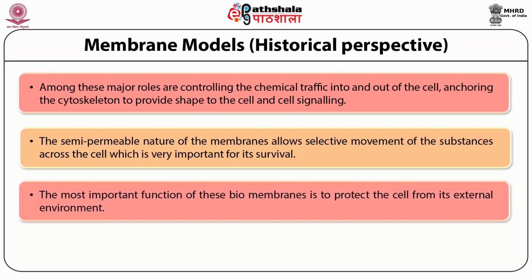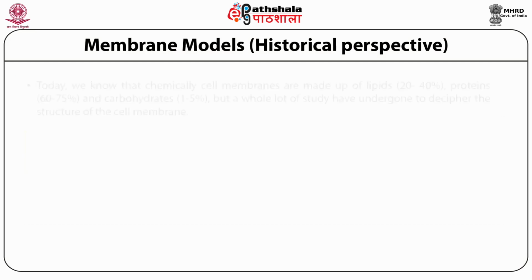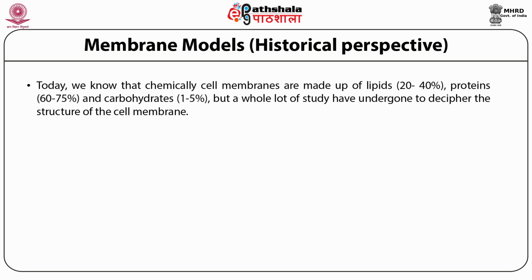The most important function of these biomembranes is to protect the cell from its external environment. Today, we know that chemically cell membranes are made up of lipids, which are around 20 to 40%, proteins, which are 60 to 75%, and carbohydrates 1 to 5%.